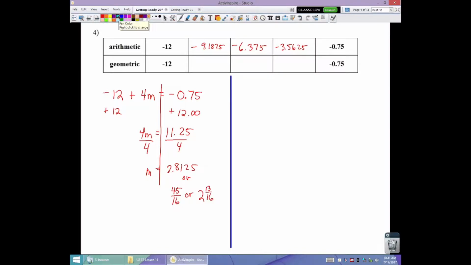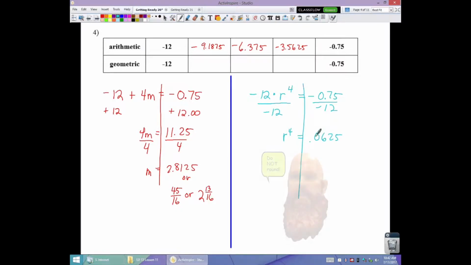All right, for the geometric, negative 12 times r to the 4th equals negative 0.75. Divide both sides by negative 12. R to the 4th would be 0.0625.